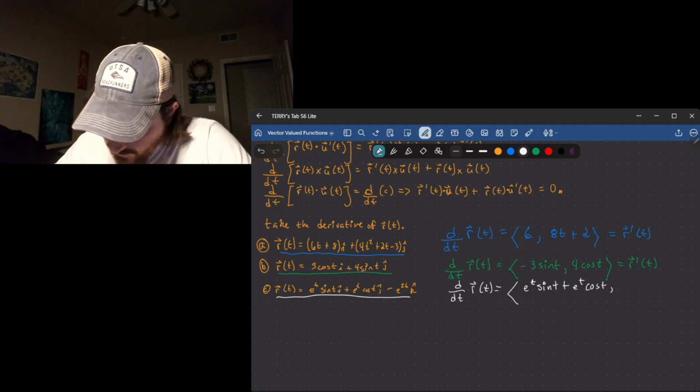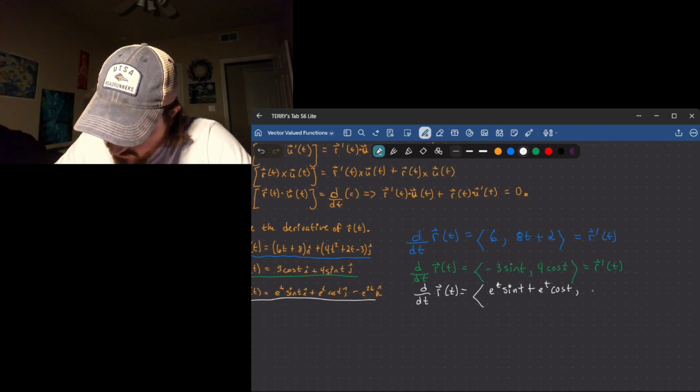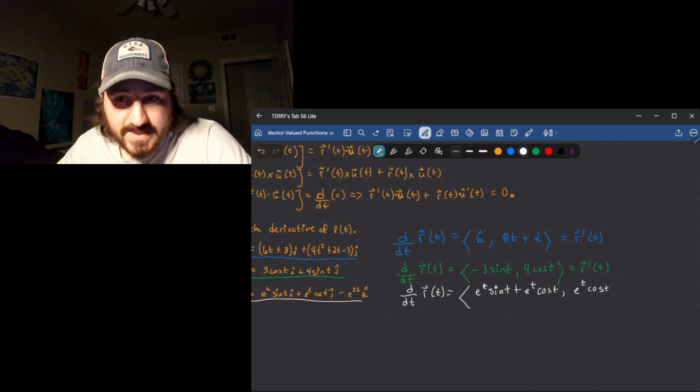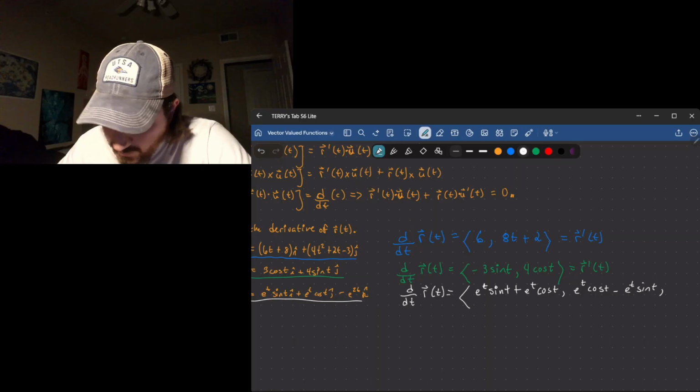All right, so our next piece here is going to be e^t cosine of t. So the derivative there is e to the t, which is the derivative of e to the t, times cosine of t. Now the derivative of cosine of t, again, is negative sine of t. So we've got minus instead of plus because of that. And then you have e^t sine of t. Okay, and that's our y component.